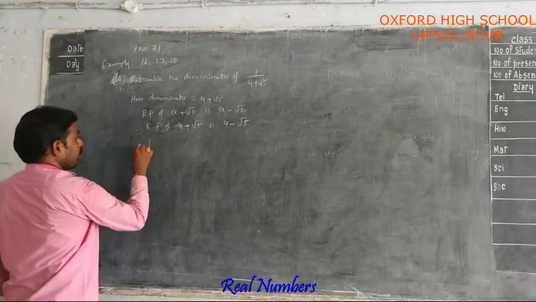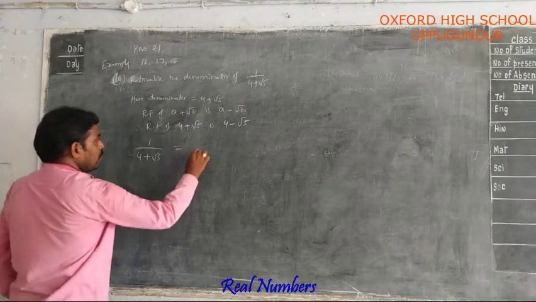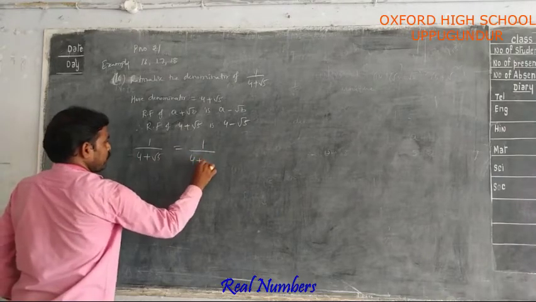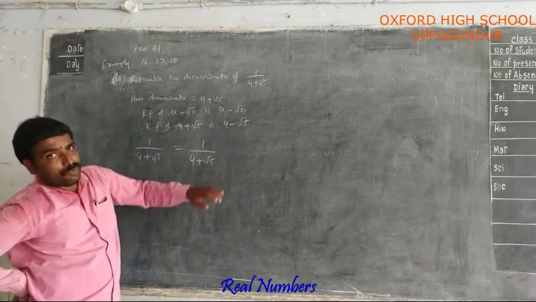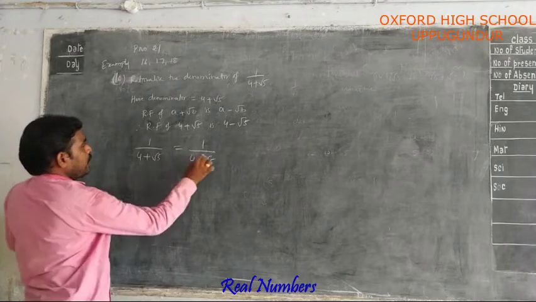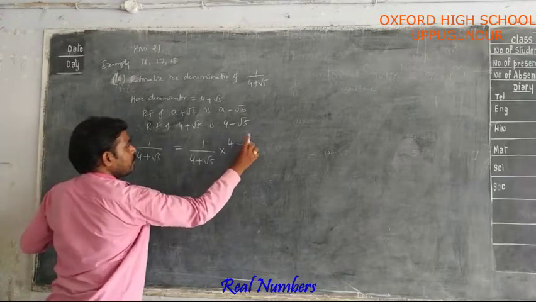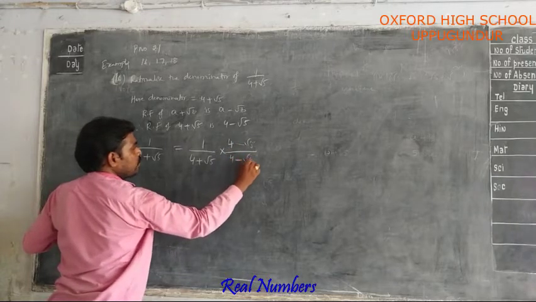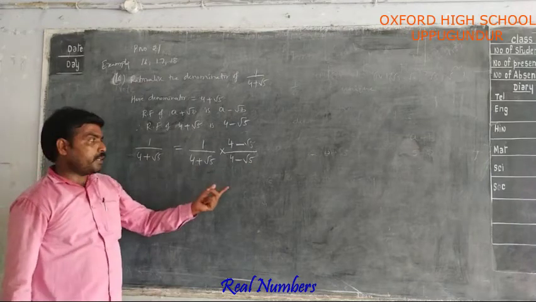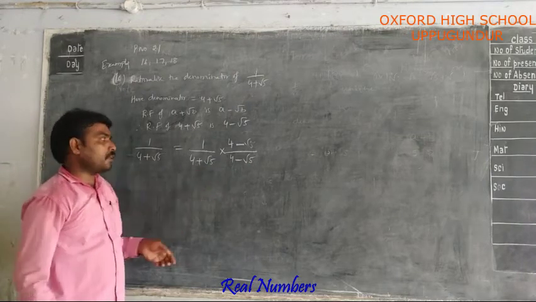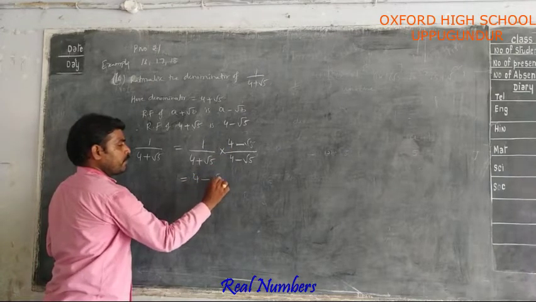So what is the problem they have given? 1 by 4 plus root 5, which is equal to, now multiplying the denominator 4 plus root 5 by its rationalizing factor 4 minus root 5. So multiplying and dividing with the rationalizing factor, 4 minus root 5 by 4 minus root 5. We multiply and divide with the rationalizing factor of the denominator to get the denominator as a rational number. So 1 into 4 minus root 5 gives 4 minus root 5.